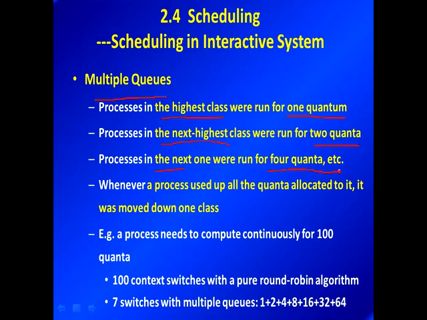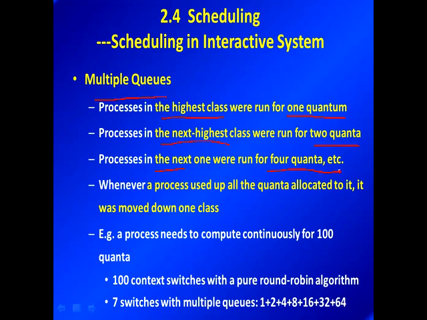So for those I/O bounded processes, in most cases, they just need to run for one quantum to run only a few instructions, and then they're going to deal with those I/O operations. So it doesn't need to wait for a long time as it would with the FCFS algorithm.